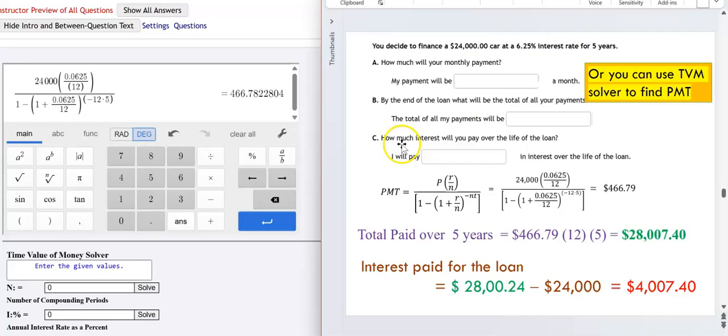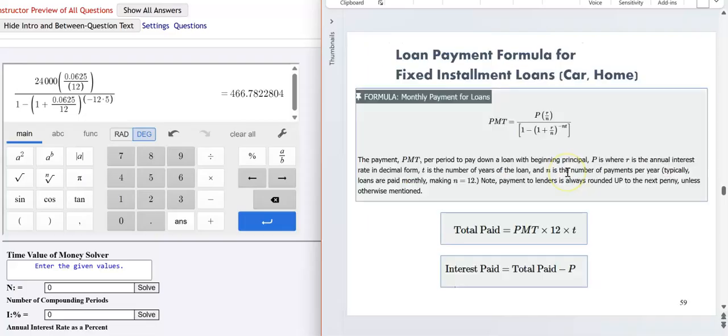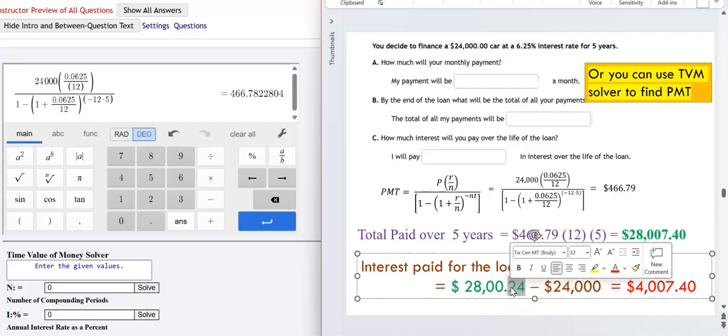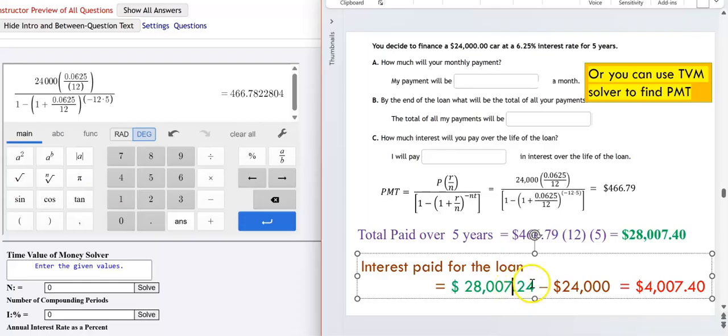The next part of the question is how much interest you will pay over the life of the loan. Again, you have the formula: interest paid is total paid minus the loan amount. The total paid is $28,007.40, minus 24,000.